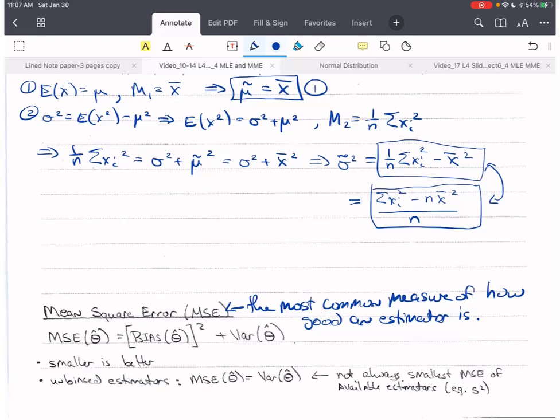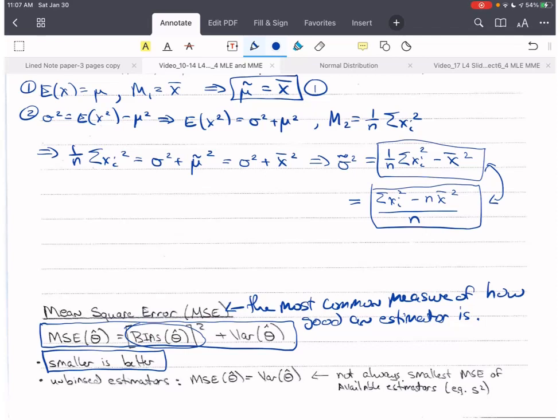Smaller is better because this is error. You want the least error possible. So the MSE, this is a formula you need to know. We square the bias and add the variance. So if it's unbiased, this term would go to 0, and we'd just be left with the variance of the estimator.